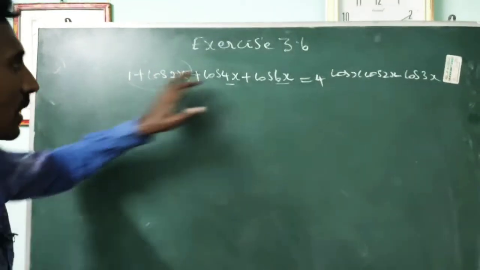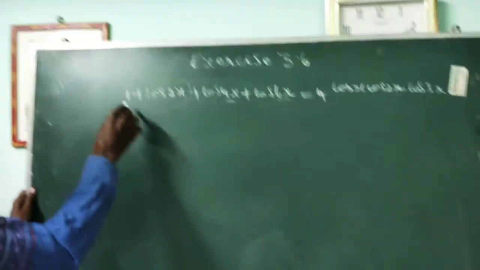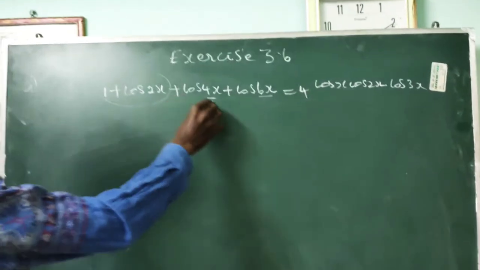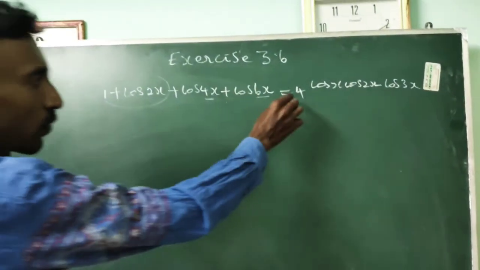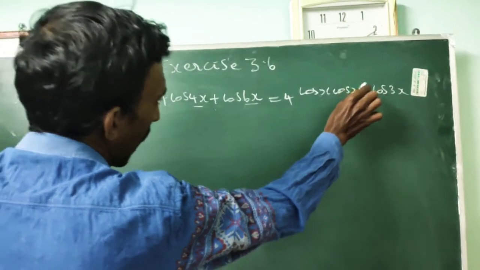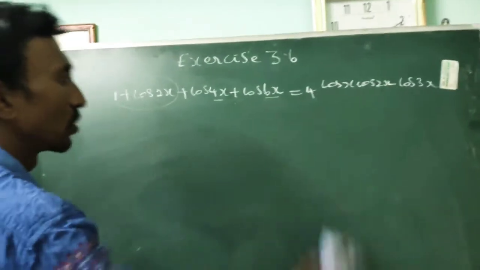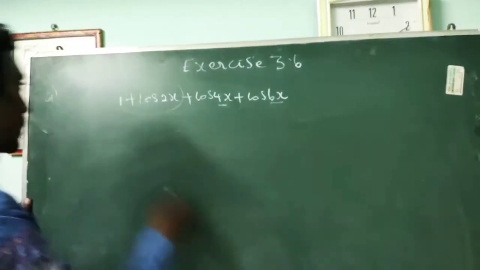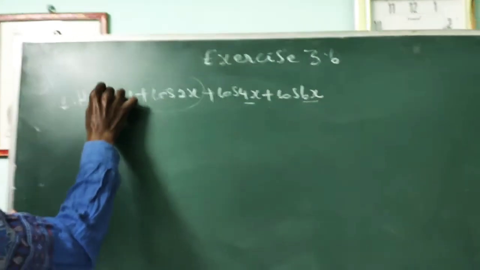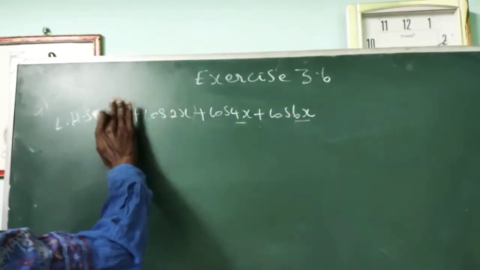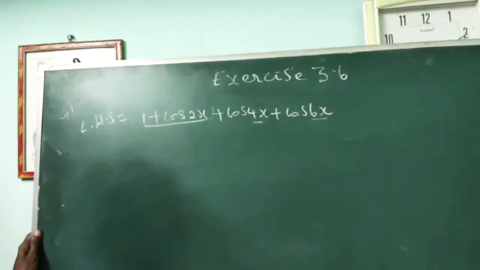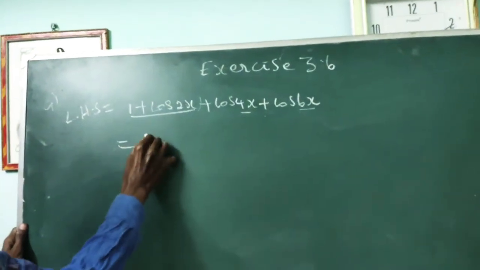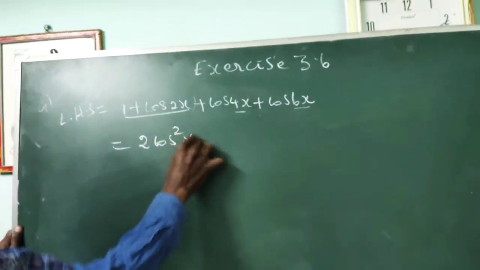Question number 9 in the exercise 3.6. Prove that 1 plus cos 2x plus cos 4x plus cos 6x equals 4 into cos x into cos 2x into cos 3x. So obviously take the LHS. Listen, my dear student. Combine the first two terms. 1 plus cos 2x is nothing but 2 cos square x.